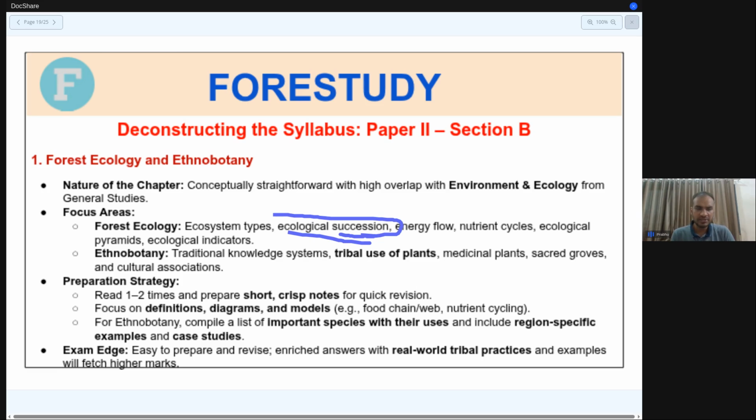Quote the species name and scientific name properly written. You might already be aware of how species names are written, and it is very easy to prepare and revise. So this topic, ethnobotany, gives a good cost-benefit ratio.